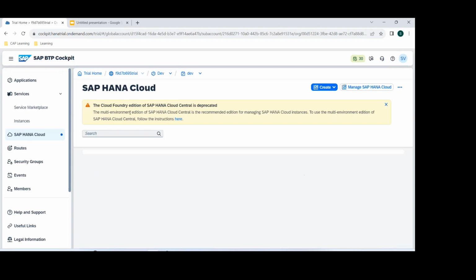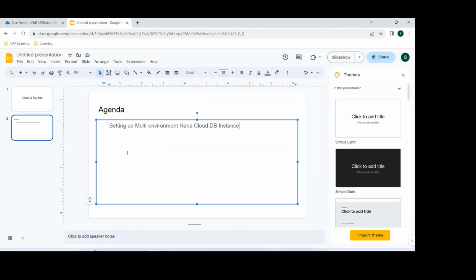Okay. Now let's try to understand this more deeply. We can directly jump onto the solution as well, but in order for us to break down and come to a solution, it's good if we can understand these terms in a deep way, right? So where is this all coming from? Today what we are going to do is set up a multi-environment HANA Cloud DB instance.